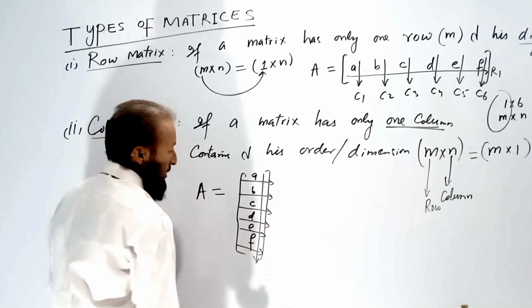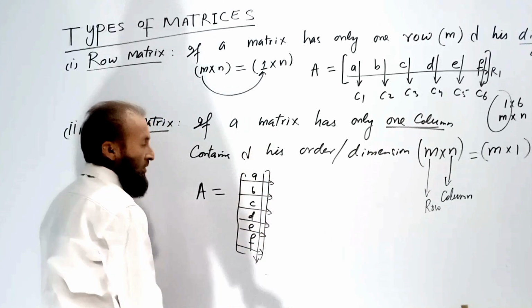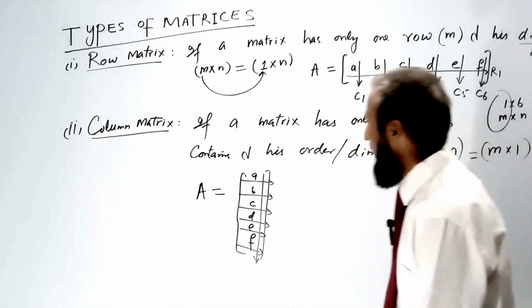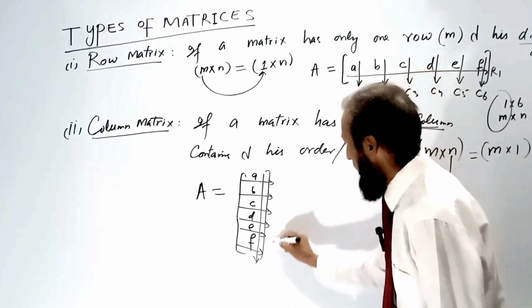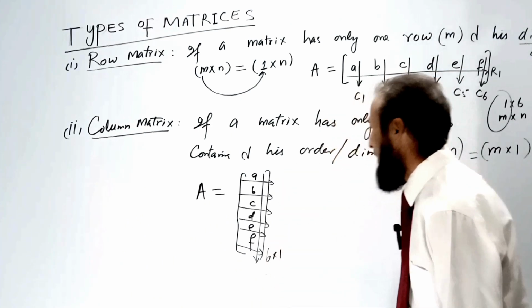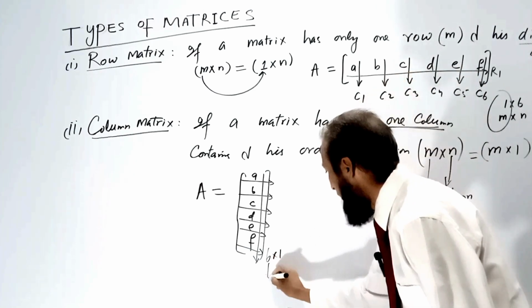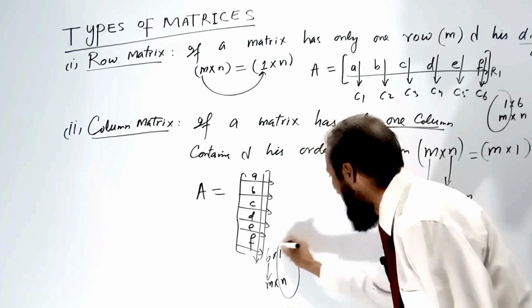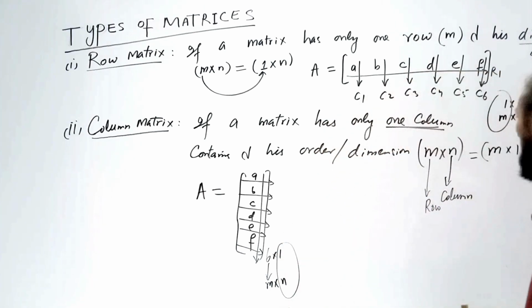We are concerned here with the column matrix, so here it is 6 cross 1, we can say. The order will be m cross n, where n represents column. So this type of matrix is called a column matrix.